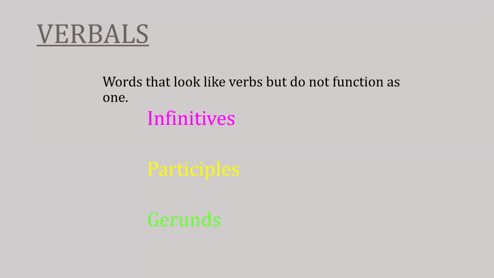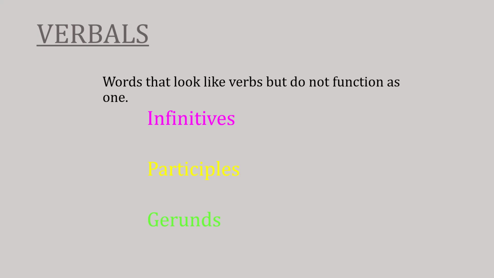So now let's talk about verbals. Again, I'll quickly go through this since we're going to end at 12 noon. Right? So, verbals are words that look like verbs, but they function as adjectives, okay?